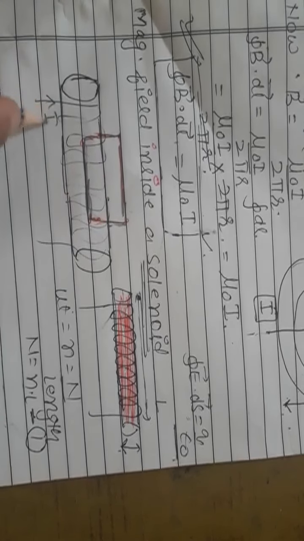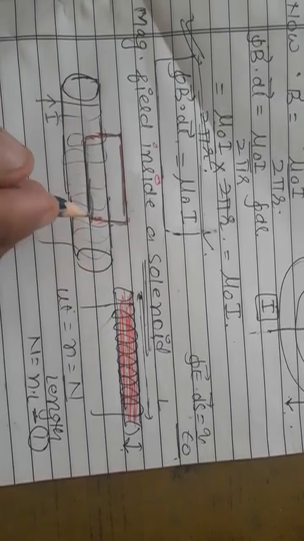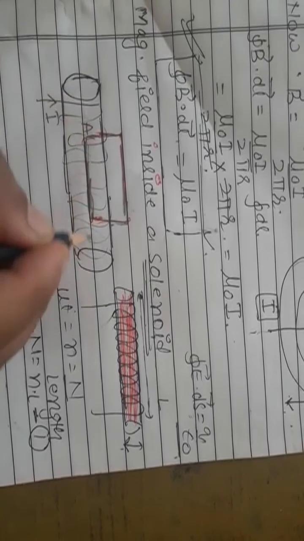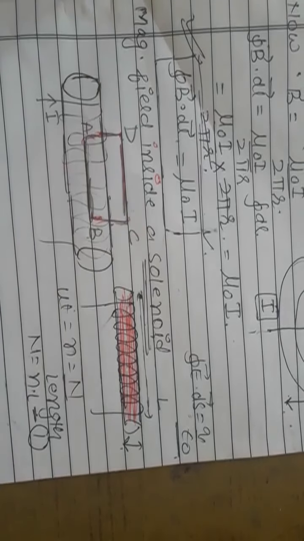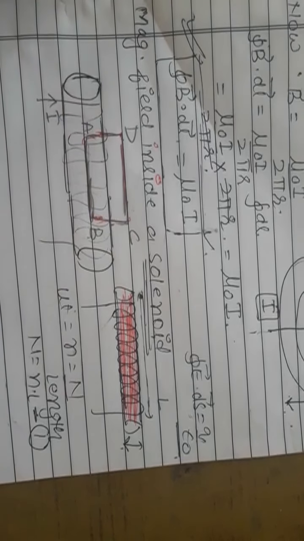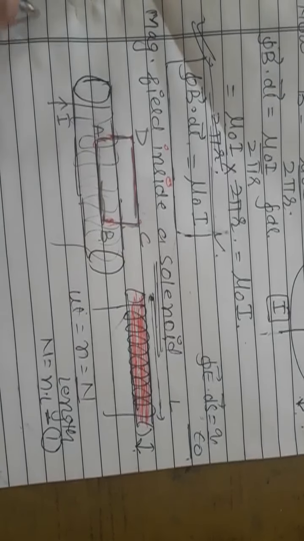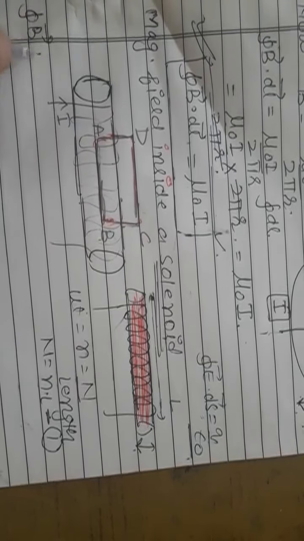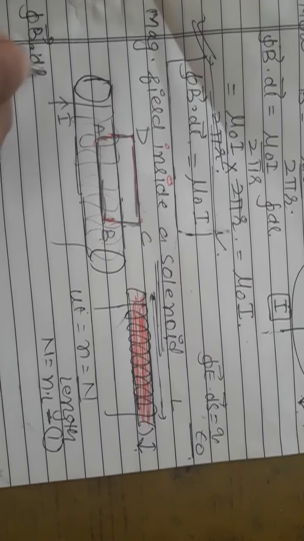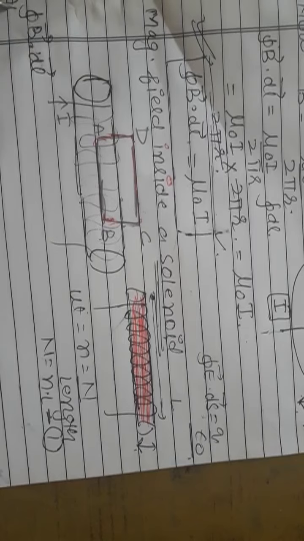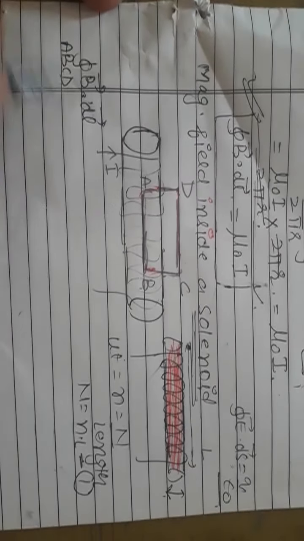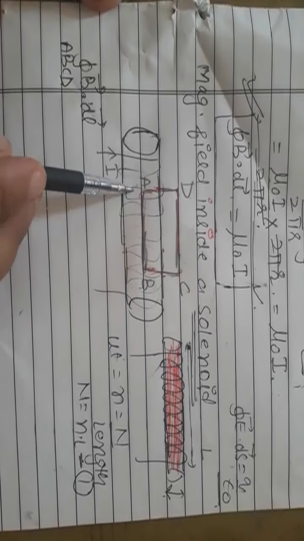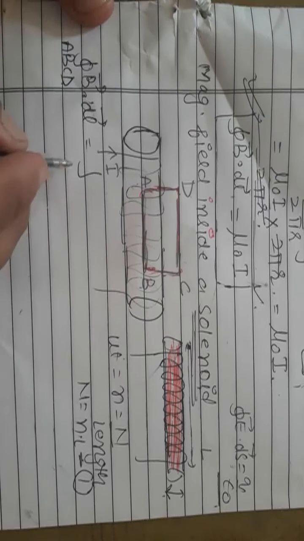Let I be the current in this solenoid. Now you can see this is A, this is B, this one is C, and this one is D. So I will check the formula, B vector dot dl over the closed path. The name of the closed path is ABCD. This can be broken into four parts.